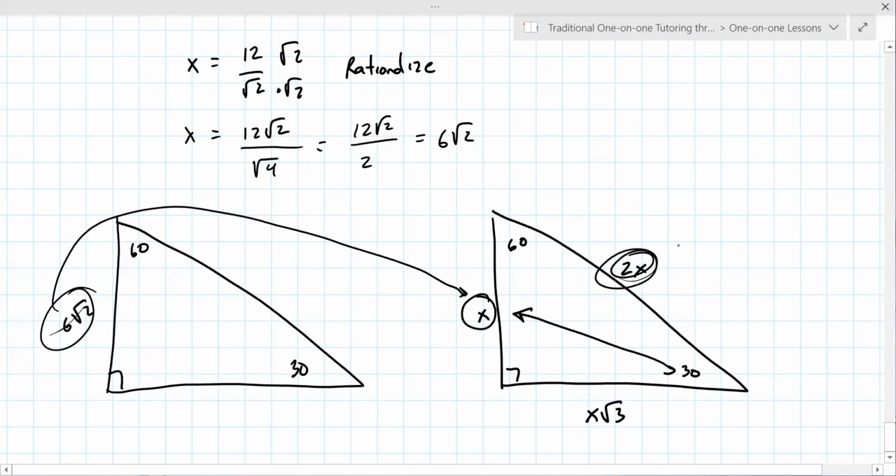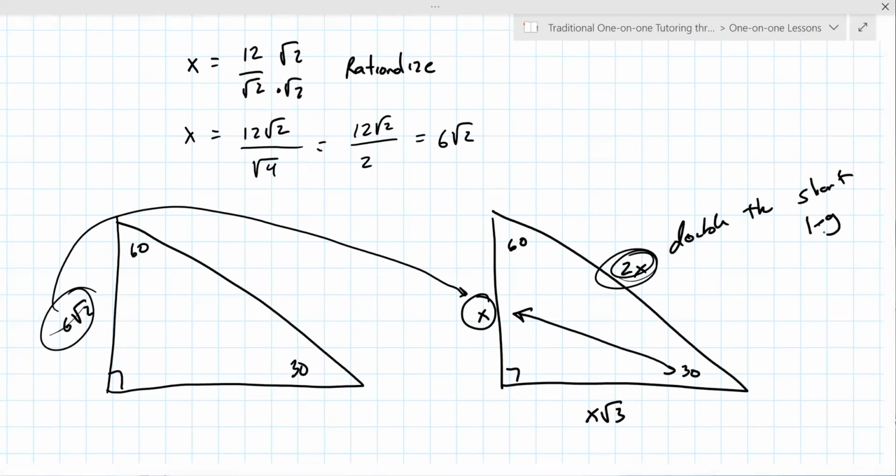The hypotenuse is double the short leg. Sometimes it's good to say it in words. So 2x is double this, so this is 12 square root 2 here.